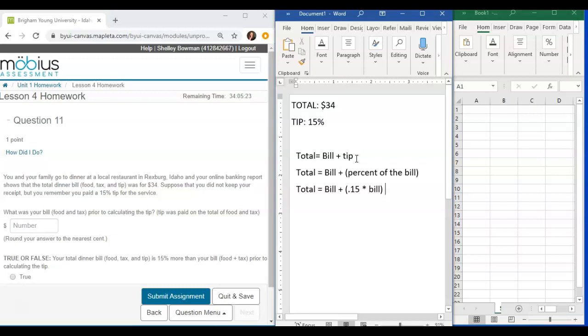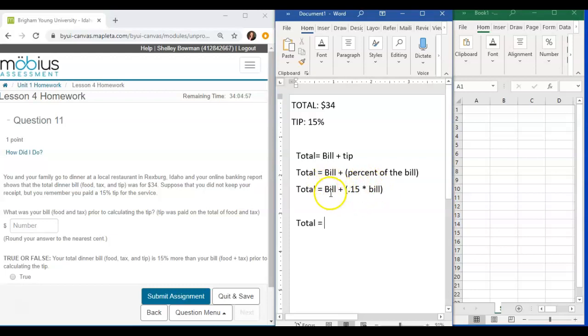I can just write it out like this, and I can put in my $34 here, which works perfectly fine. The most common way, and what was used in the interactive textbook, was something like this. Because if I'm paying the bill, it's 100% of the bill, right? This tip is only 15%.